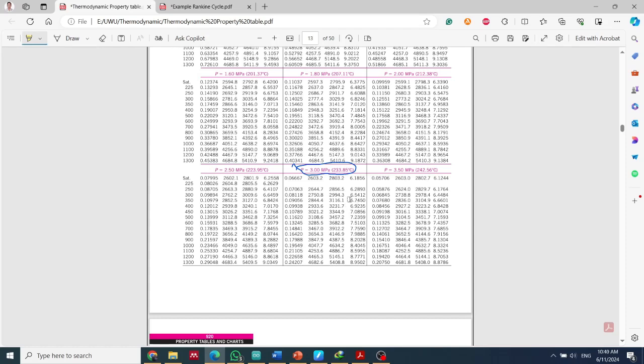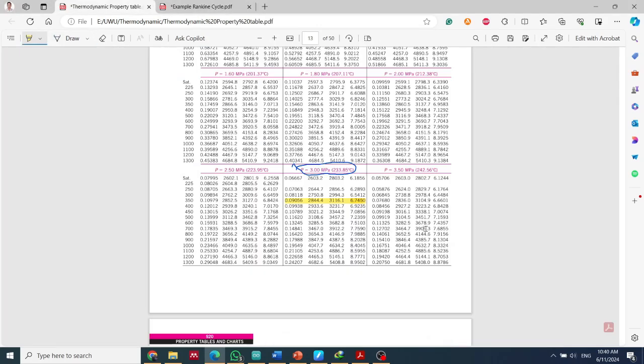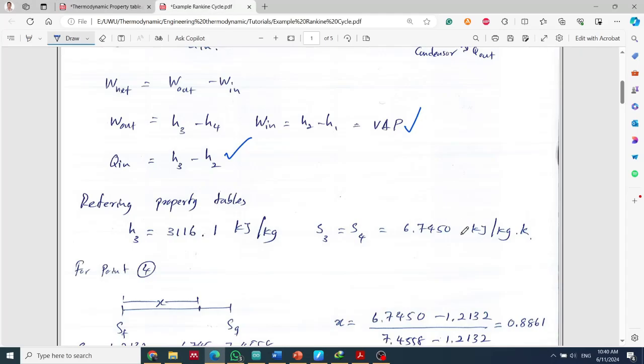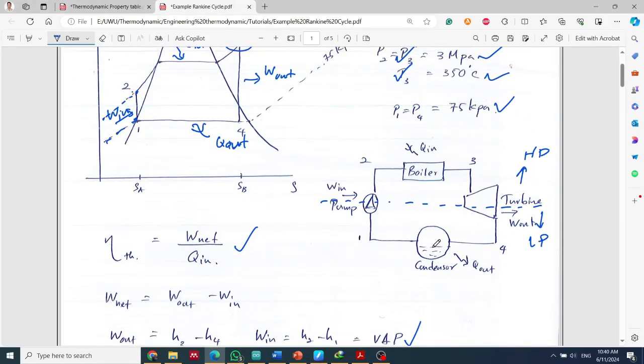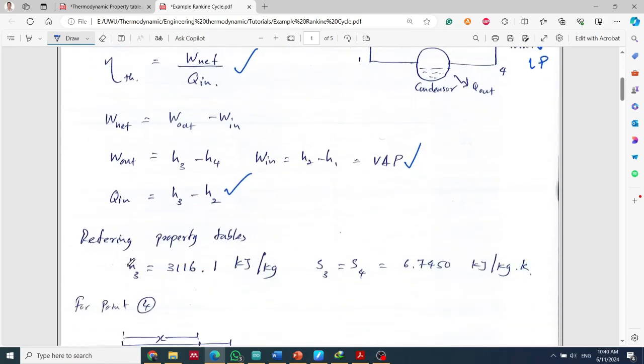On this line, 3116.1 is the enthalpy and 6.7450 is the entropy value. So S3 equals S4 equals 6.7450. S4 is known, S3 is also known, and we have found the H3 value.